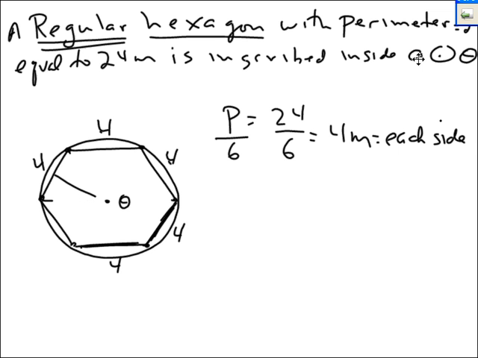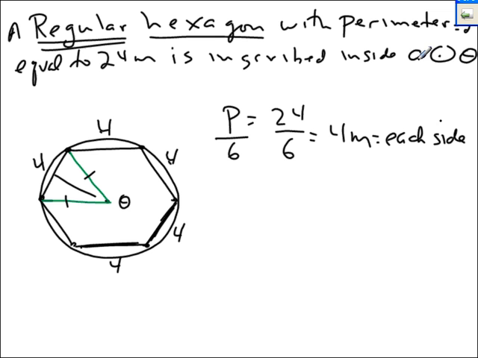Well, let's consider this triangle right here. This is an isosceles triangle because those two sides are radii.